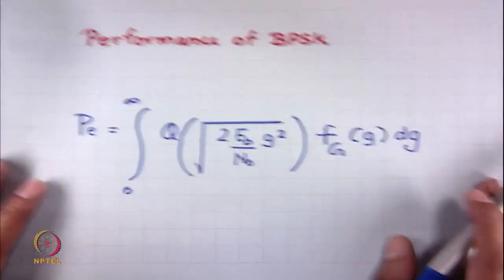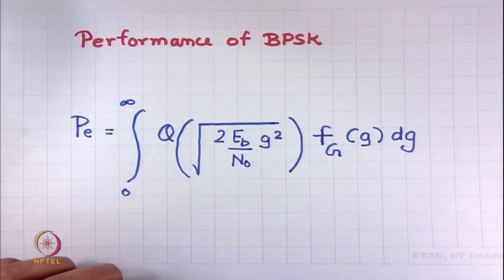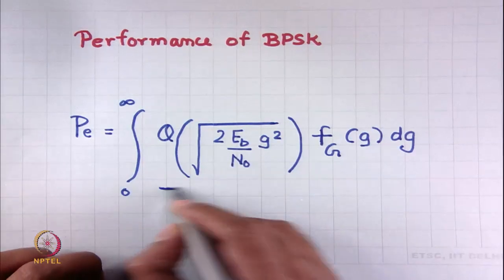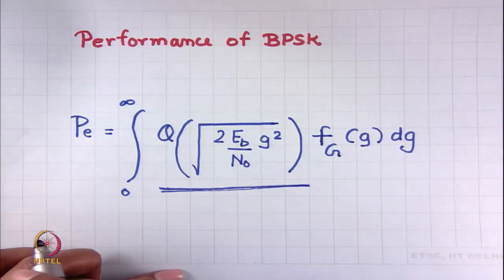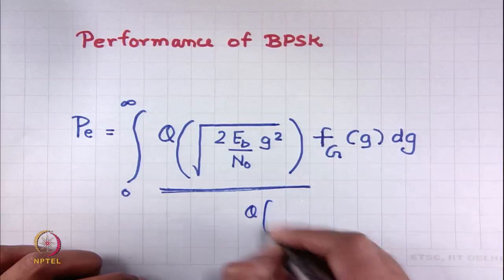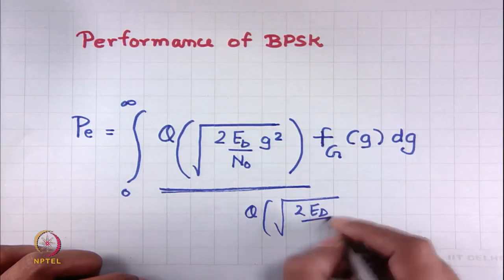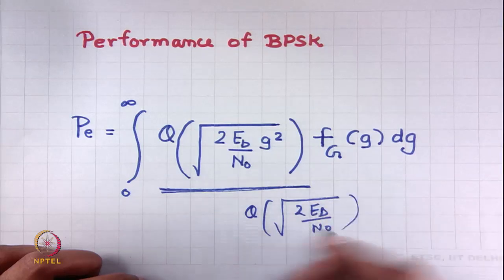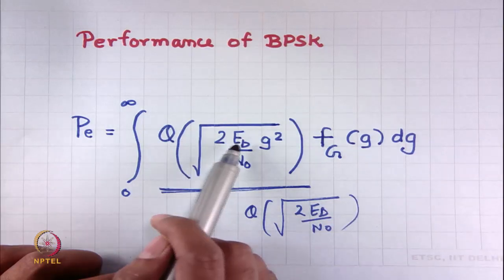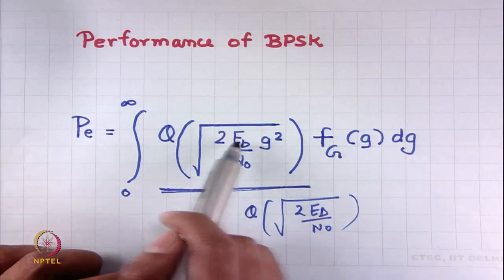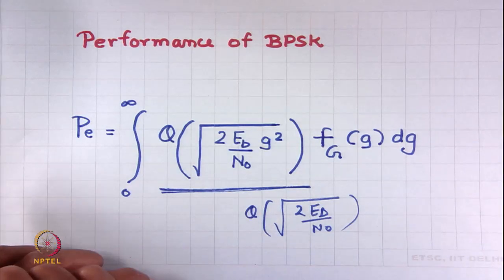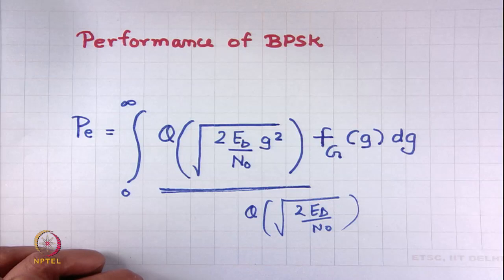Now, if you have to think about the performance of binary phase shift keying, we have seen in one of the previous lectures that probability of error in case of BPSK is Q of under root of 2 Eb by N0, and in case of fading channels this Eb becomes Eb times G square because of the reasoning that we have seen.